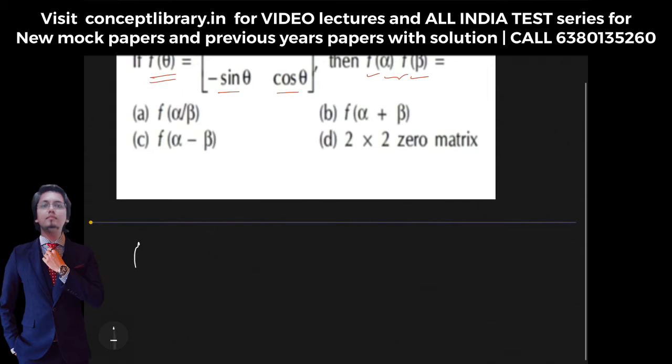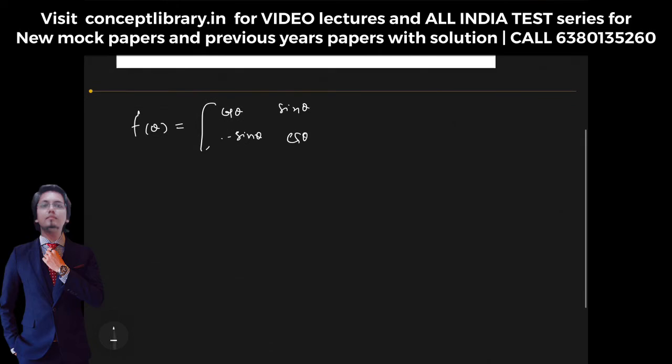Okay, so here we go. f theta is given as cos theta, sin theta, minus sin theta and cos theta. In the same way, if we write f alpha, that will be cos alpha, sin alpha, minus sin alpha and cos alpha.